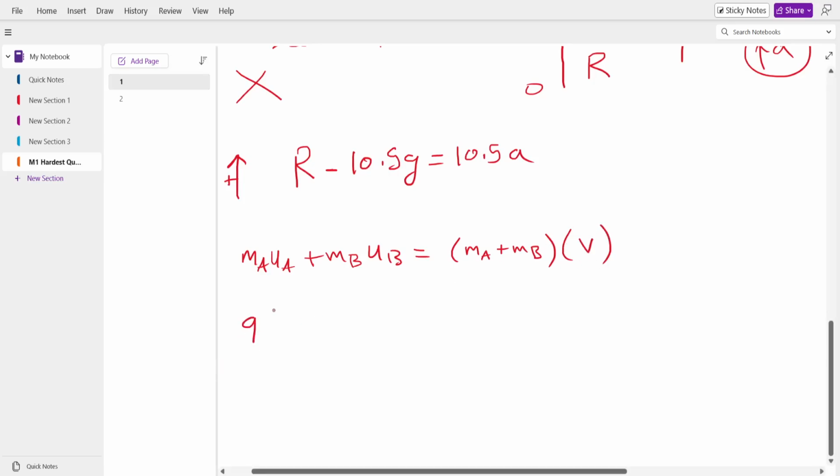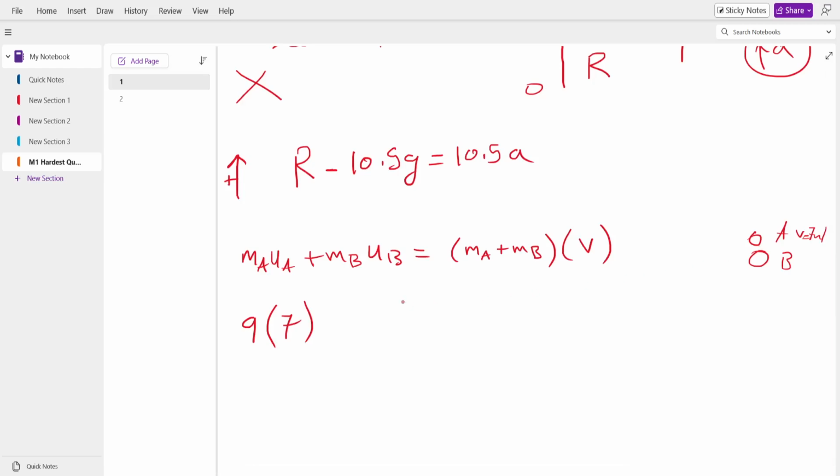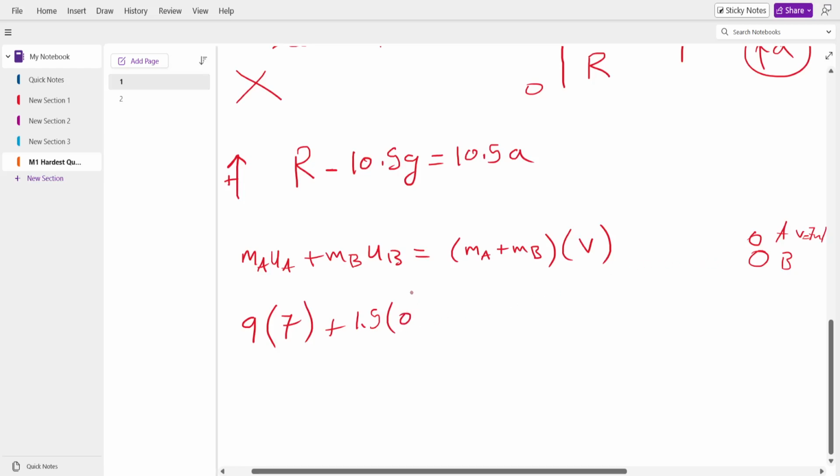MA was 9 kilograms, UA was 7, the speed just before the collision, which was given as 7 meters per second, plus MB, which is 1.5, times UB. B was at rest, so UB is 0 here. This equals 9 plus 1.5, which is 10.5, times my v.